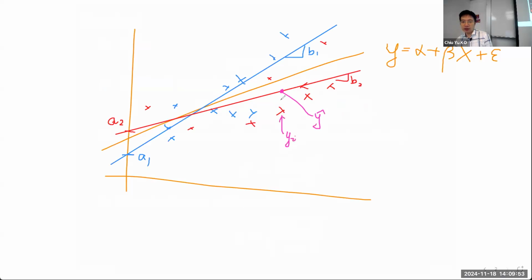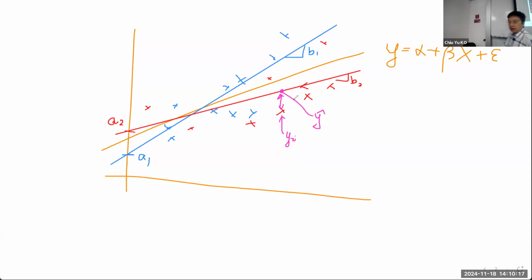It is the vertical distance between the point you get and the line you estimate. It's called the error. Later you will see very soon it is a good estimate of the residual. We try to use this distance to estimate the epsilon. It's very similar, right?